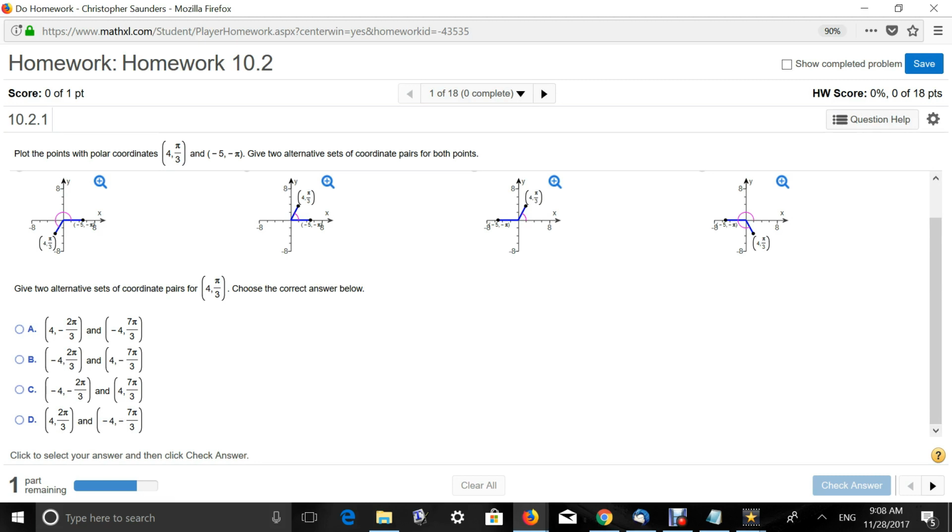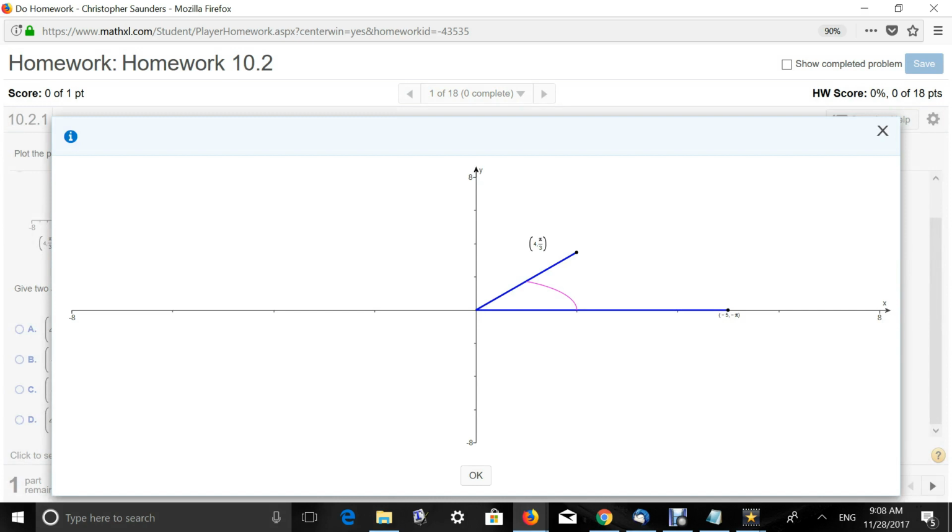But what else could we do? So far I was liking C, so let's look at this one and see if it's okay or not. Negative 2 pi over 3. What is negative 2 pi over 3? Well, it's the opposite way to get to exactly the same point. If I took pi over 3 minus pi, that's pi over 3 minus 3 pi over 3, which is negative 2 pi over 3.